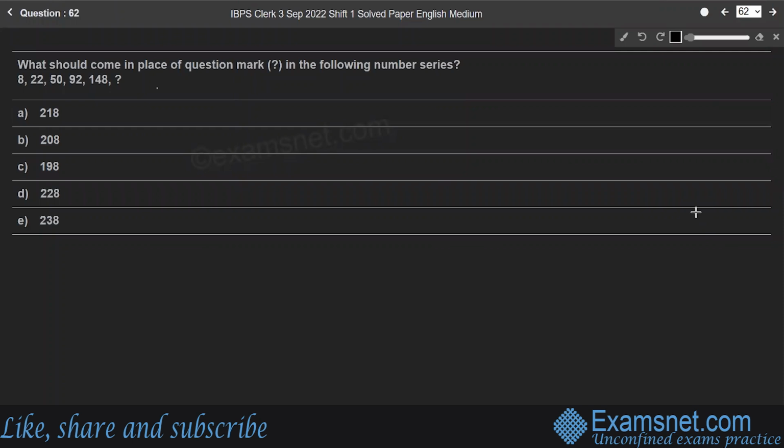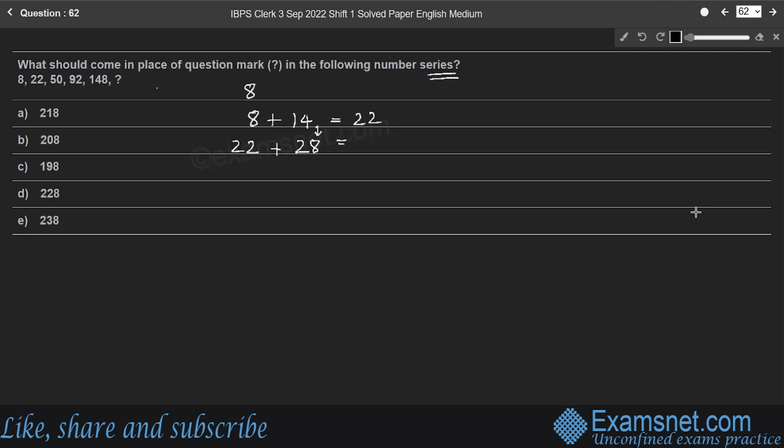Question 62. What should come in place of question mark in the following number series? Here the first number is 8. So when 14 is added to 8, we will get the second number, which is 22, right? So to this number 22, when 28 is added, where 28 is a multiple of 14, 14 into 2 is 28, right?